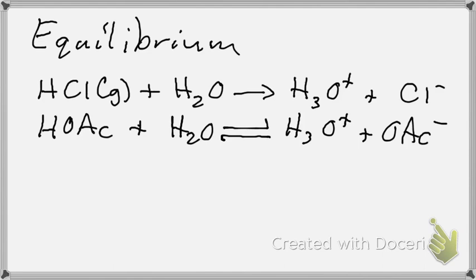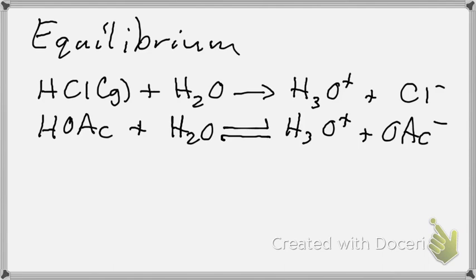The reaction we draw as the forward reaction, in this case the top arrow, is the reaction that we are most interested in. The back reaction, the one that corresponds to the reverse arrow, is one that happens whether we like it or not. So in this case, we are still interested in the production of hydronium ion, despite the fact that very little of the HOAc is converted to hydronium.